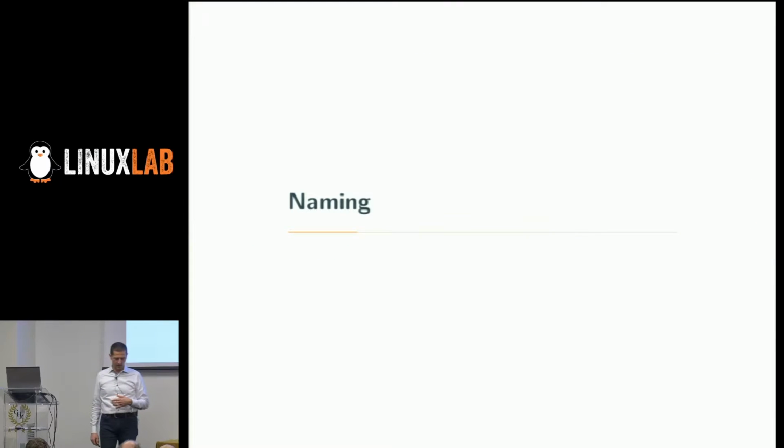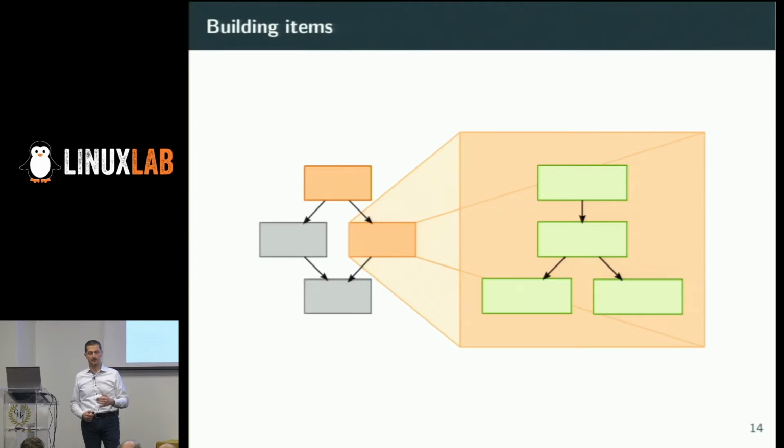Okay, as I said, the two tools are completely different even when they do the same thing, and they name the same thing in different ways. So what they have in common, as I said, is a dependency graph of actions to build every package. So a package is either an application or a library and so on.